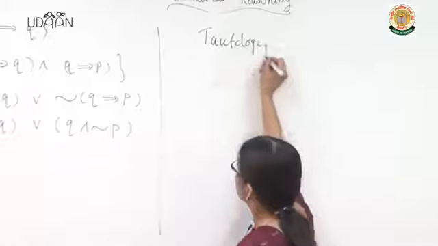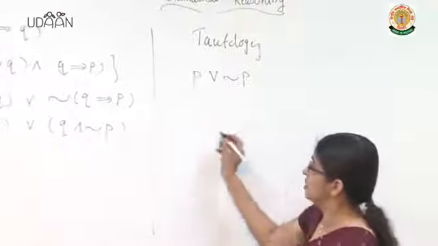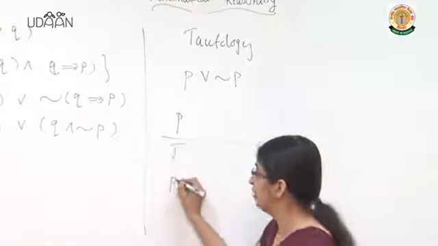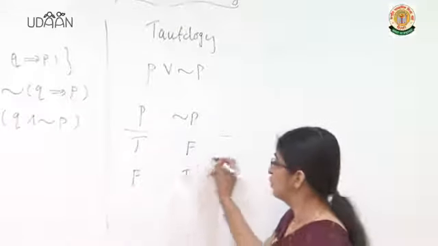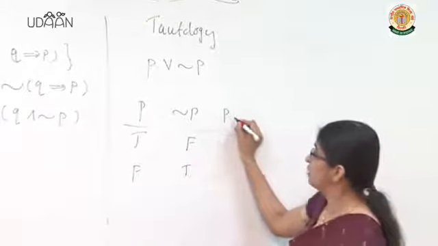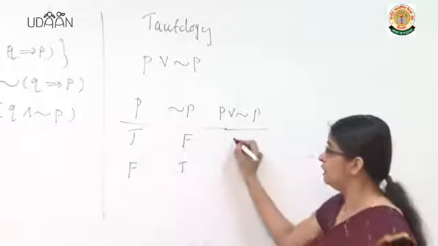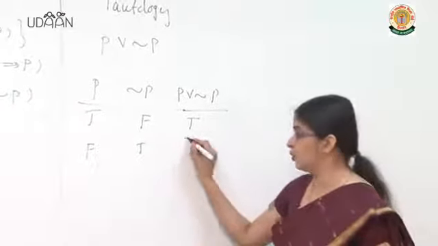Let us see tautology. Consider the statement P or negation of P. Let's make the truth table. P true or false. Negation of P we have false, true. P or negation of P: true or false is true, false or true is true again.